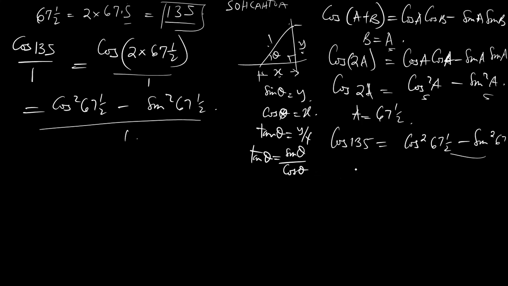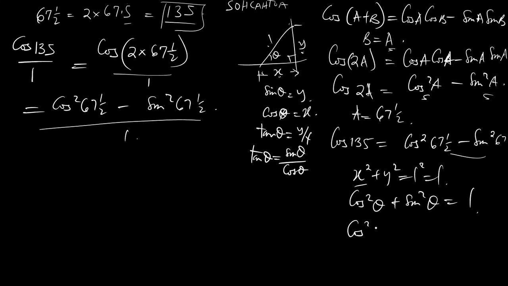Now applying the Pythagoras theorem, you have x squared plus y squared is equal to 1 squared, which is 1. Now x is equal to cos theta and y is equal to sin theta, so cos squared theta plus sin squared theta is equal to 1. So we have gotten this. Now cos square 67.5 plus sine square 67.5 is equal to 1.